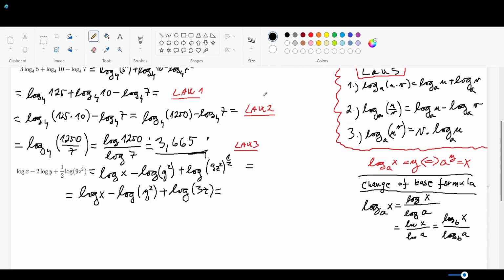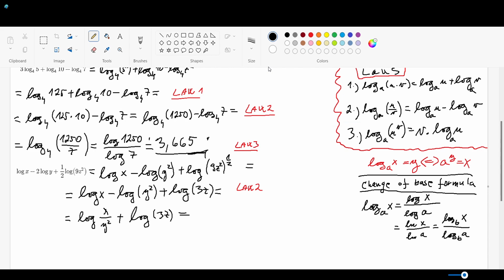Now it equals, we will use law number 2. So this one, after using law number 2, is going to be logarithm x over y squared plus log of 3z.